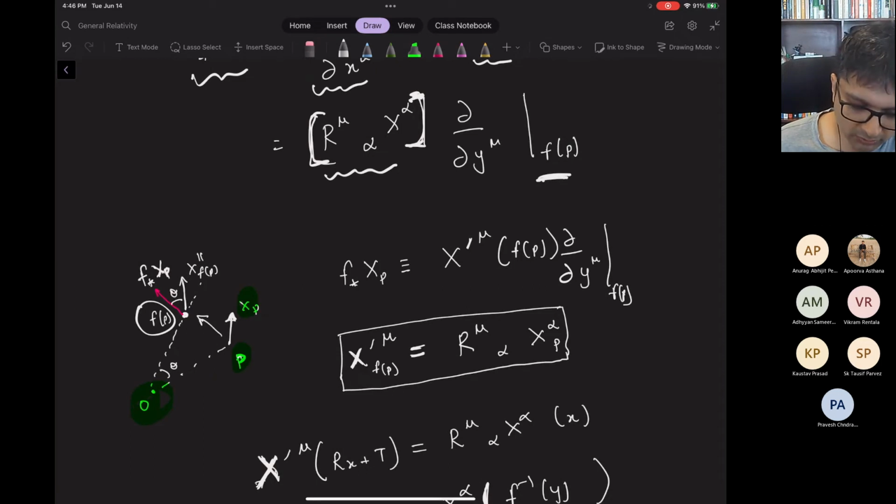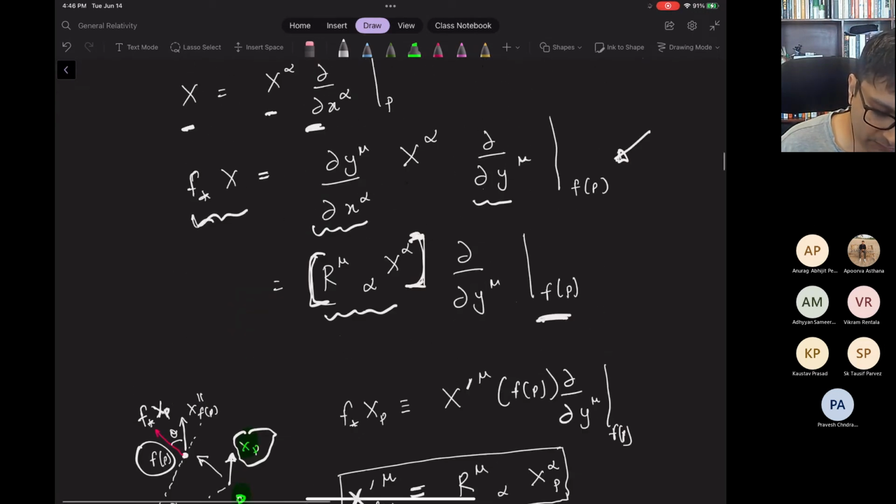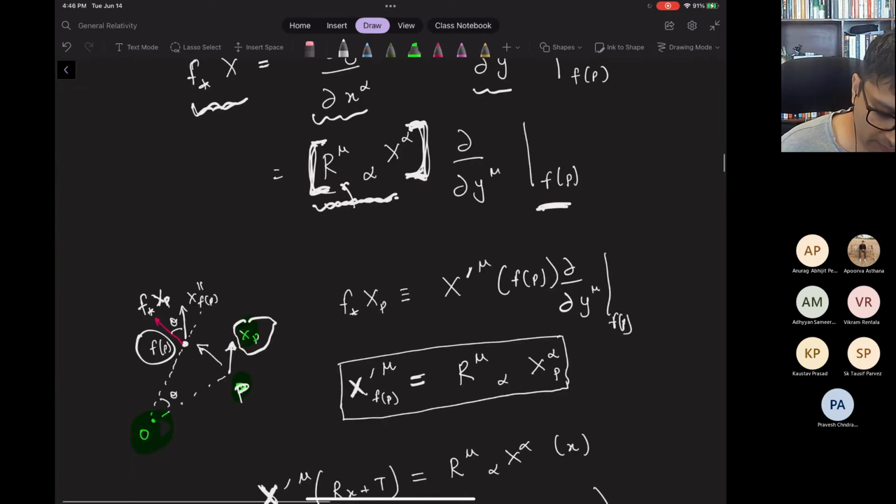What we want to know is what is the push forward of the vector xp? The claim is that the components of the push forward are rotated by the same rotation matrix R which you use to rotate the point P to the point f of P. Which means that if our xp was pointing this way, and we had parallelly transported xp, we would have got something which is parallel.